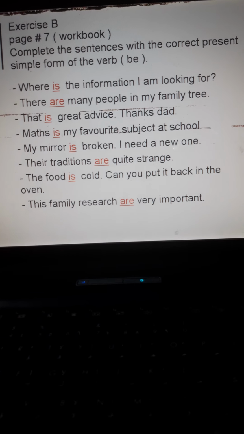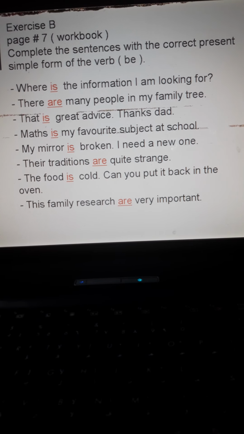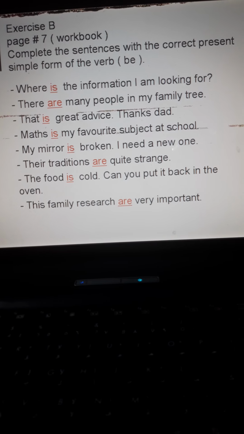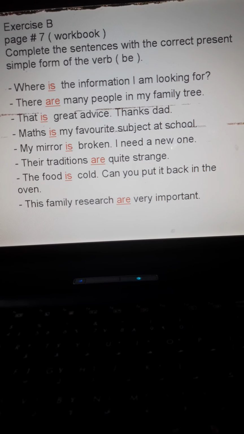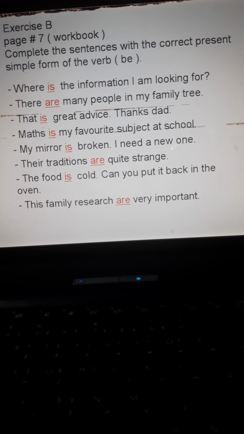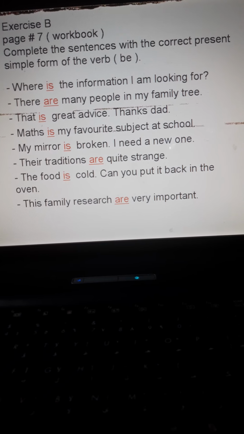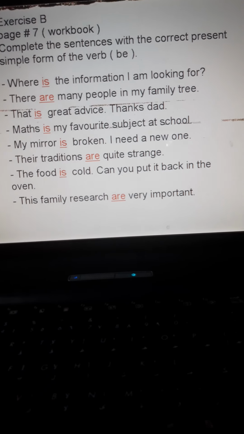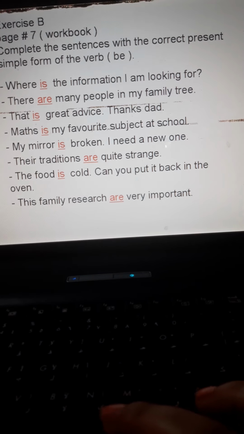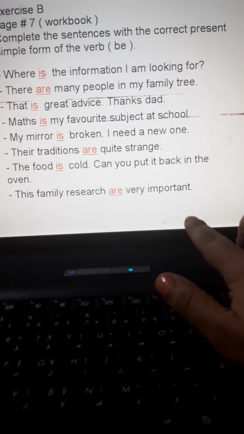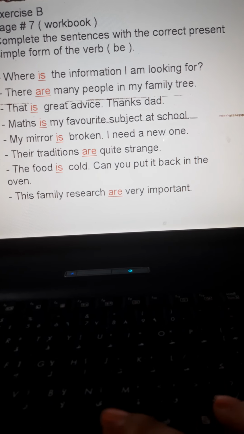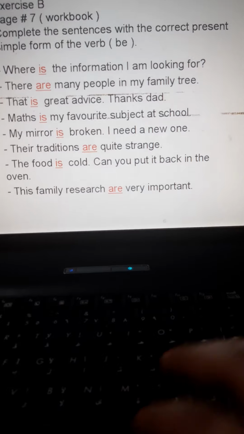Okay? This family research is very important. Research is a countable noun. Here we have a mistake, okay?